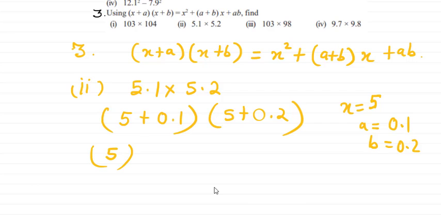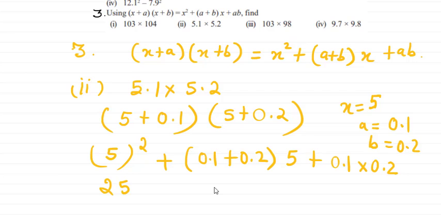So that is x square, 5 square, plus a plus b, which is 0.1 plus 0.2, into x which is 5, plus a into b, that is 0.1 into 0.2. That will give you 25, plus 0.3 into 5, plus 0.02.